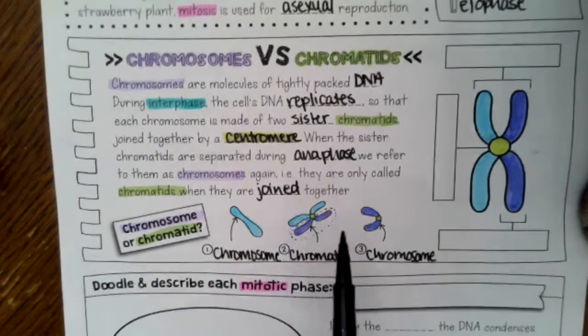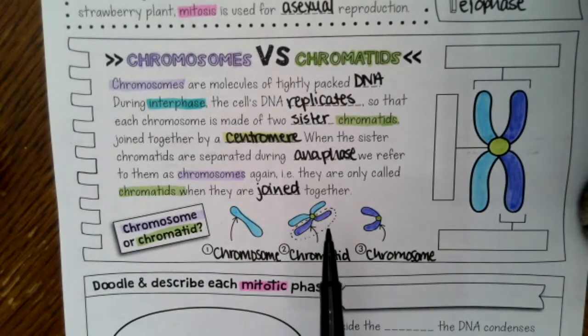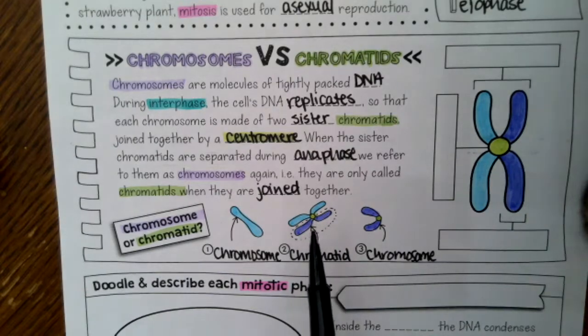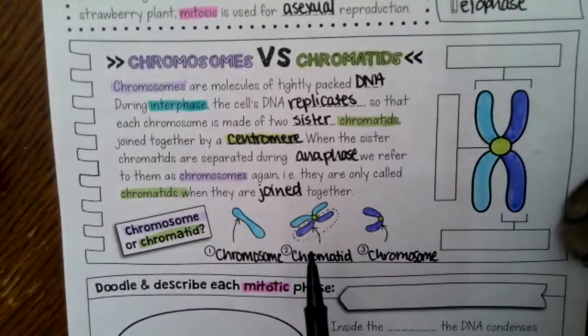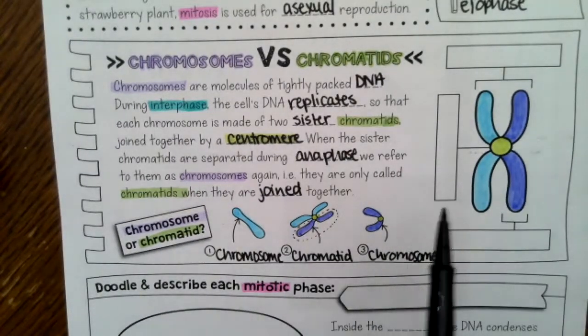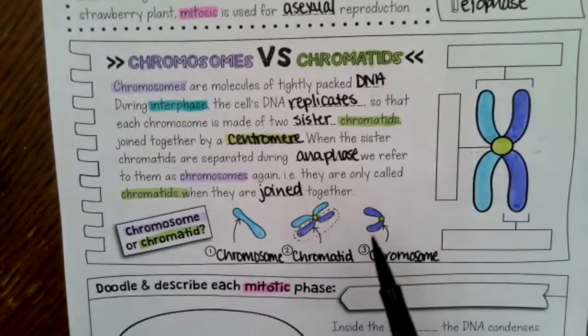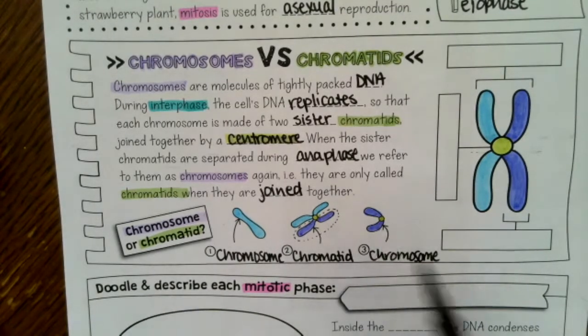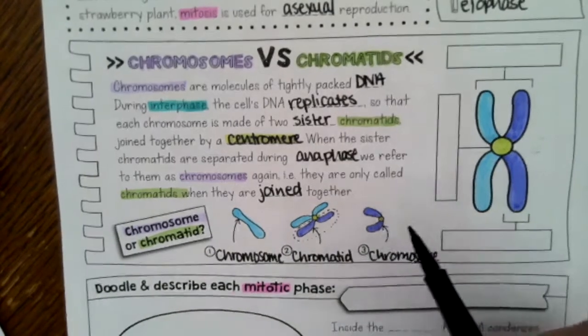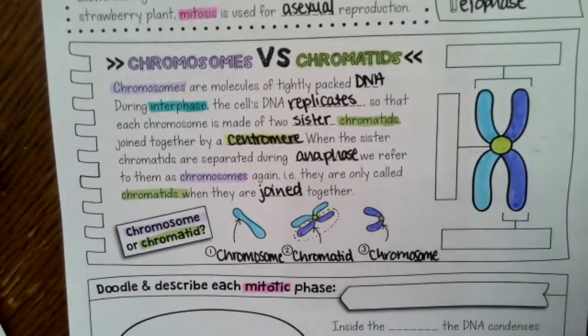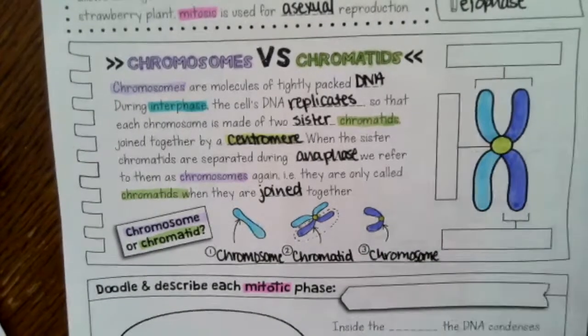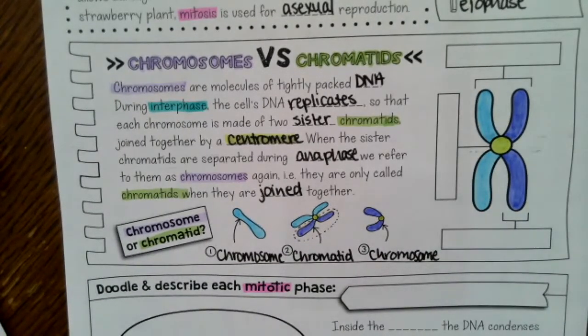Over here, we see that this chromosome that is connected to another chromosome is going to be a chromatid because it is joined together. Over here, lastly, this chromosome does have a centromere, but it is not connected, so a little bit different there.